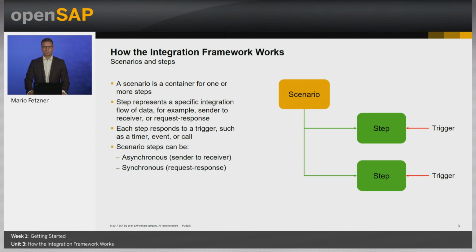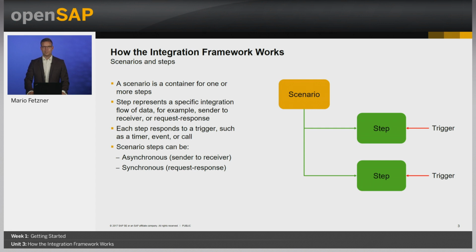Each step responds to a trigger, which might be a timer, an event from SAP Business One, or a call from an external system sender. The step executes when triggered. You can also trigger a step by calling it from another step. Steps are either asynchronous or synchronous. An asynchronous step transmits data from a sender system to a receiver system.